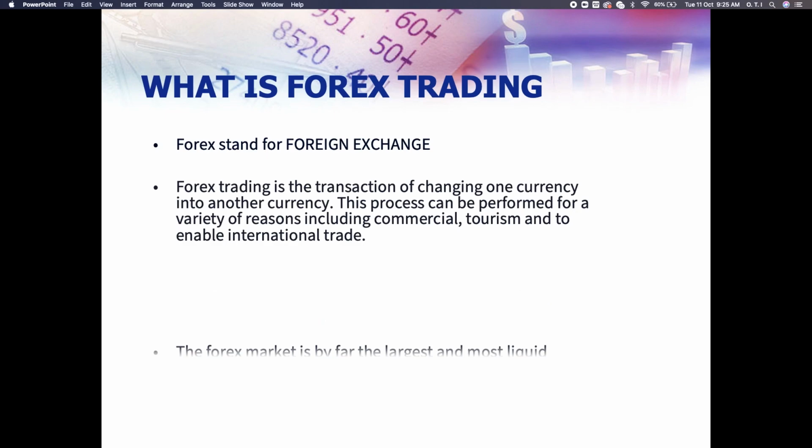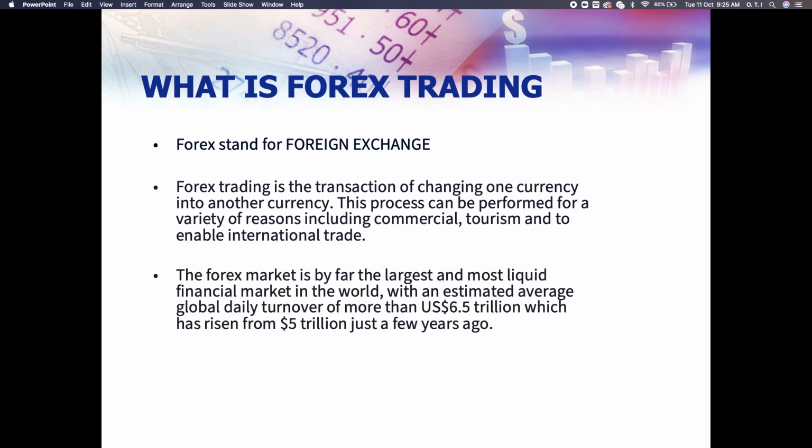Now, Forex trading is by far the largest and most liquid financial market in the world, with an estimated average daily turnover of more than $6.5 trillion, which has risen from $5 trillion in just a few years. Guys, this makes Forex trading the largest financial market in the world, right? It's about $6.5 trillion, though I'm not sure if it has even gotten to $7 trillion, right?